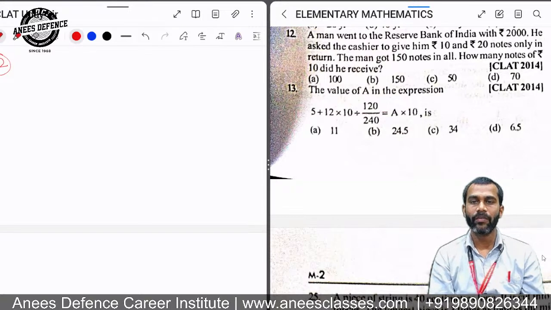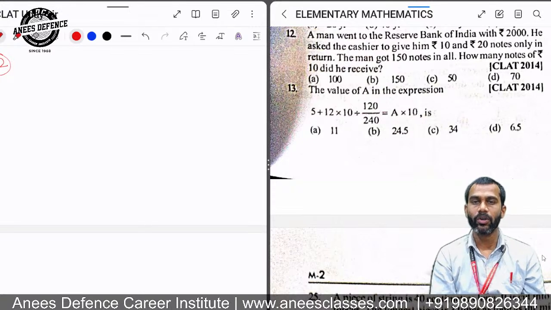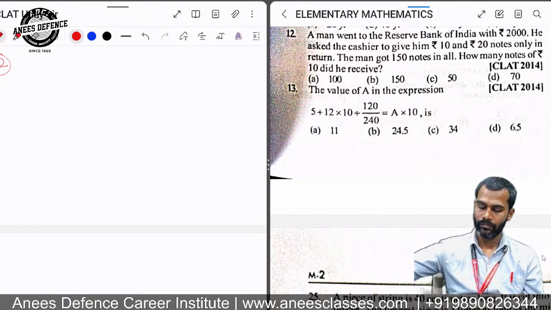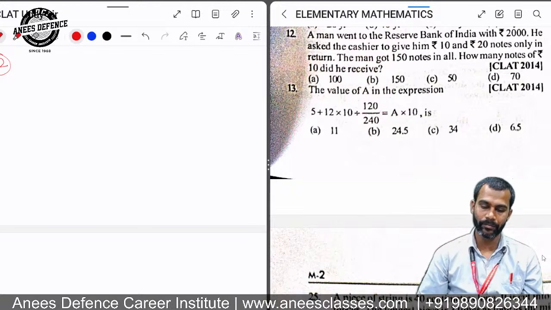He asked the cashier to give him rupees 10 and rupees 20 notes only. In return, the man got 150 notes in all. How many notes of rupees 10 did he receive? How can we solve it? Please try.